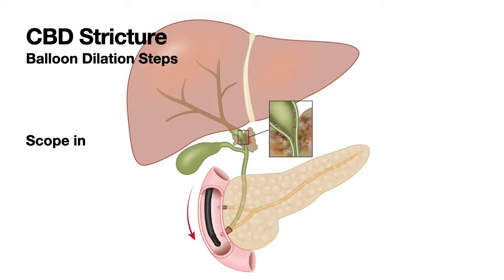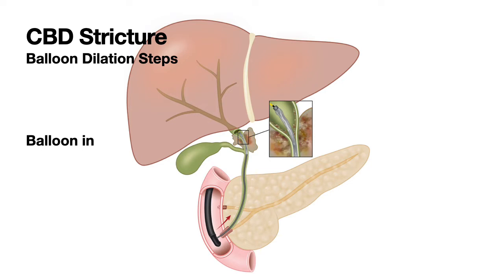Scope is in, pass a guide wire, over the guide wire pass the balloon, and we use contrast to fill in the balloon and dilate the balloon. So once the balloon is across the stricture, the endoscopist will say balloon up or inflate the balloon.